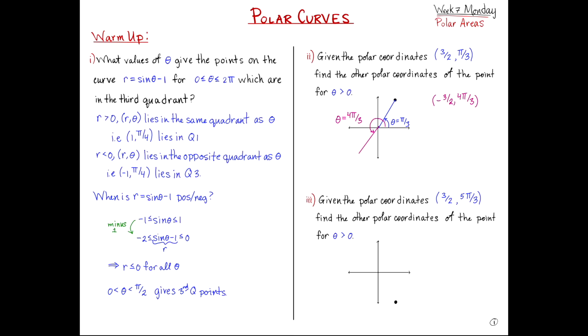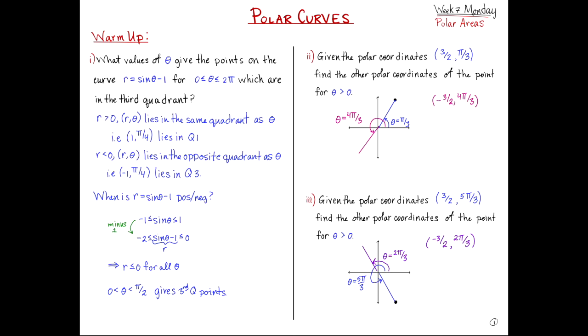Same idea on the next example. We're starting with theta equal to 5 pi over 3. And since we know that we're looking for a positive theta value, that tells us that our r value has to be negative. Negative r extending through the origin in the opposite direction gives us theta equal to 2 pi over 3.